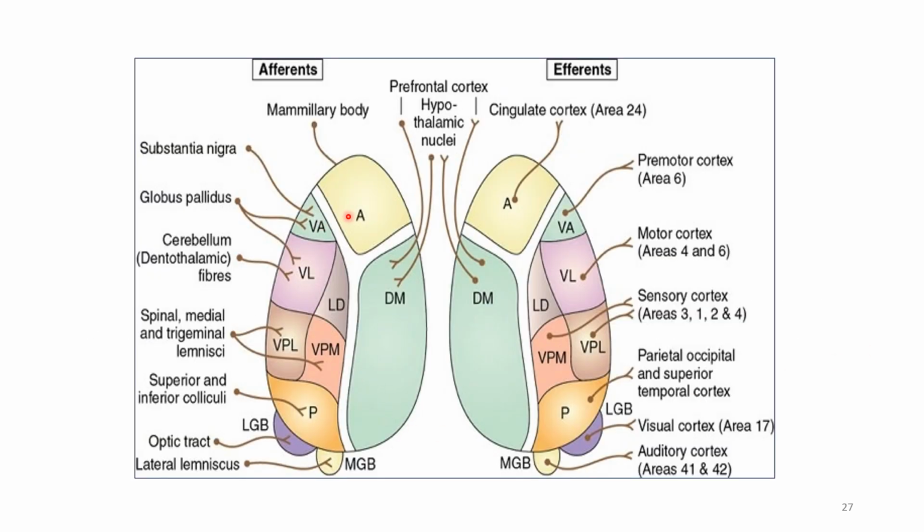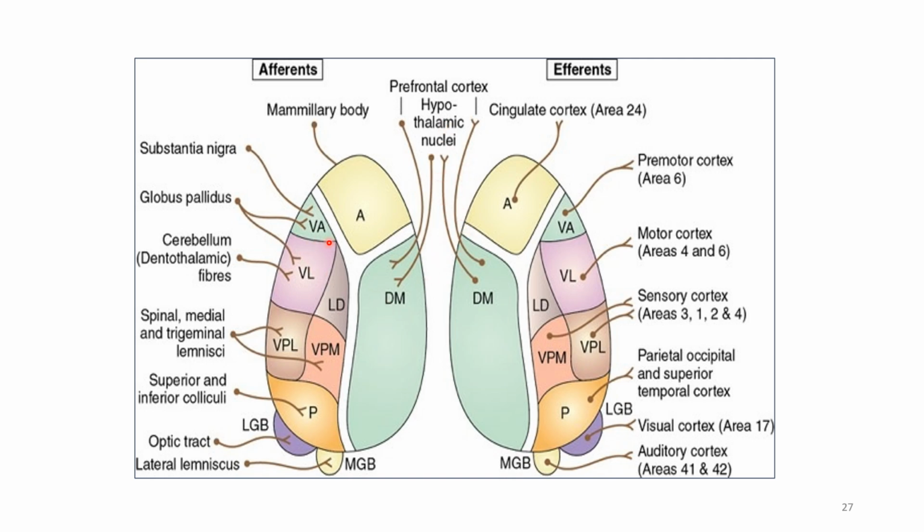So here you can see the overall view. What are the afferents and what are the efferents to the thalamic nuclei. This is the anterior nucleus, from the mammillary bodies. This is dorsomedial, from the prefrontal cortex and hypothalamic nuclei.